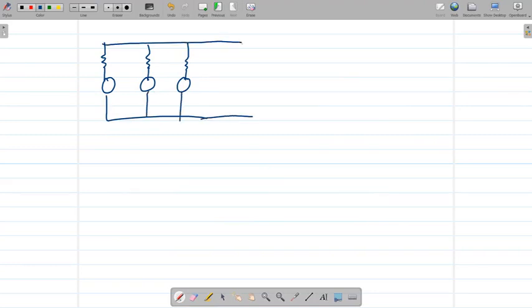Let me put a new page and make the point that if I have a bunch of voltage sources V1, V2, V3 connected with resistors, and I have some load resistance RL across terminals A and B, and I want to find the Thevenin equivalent.